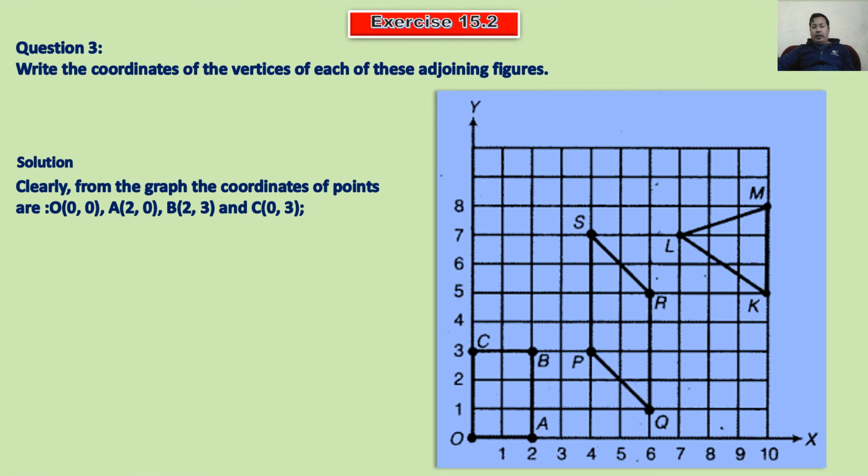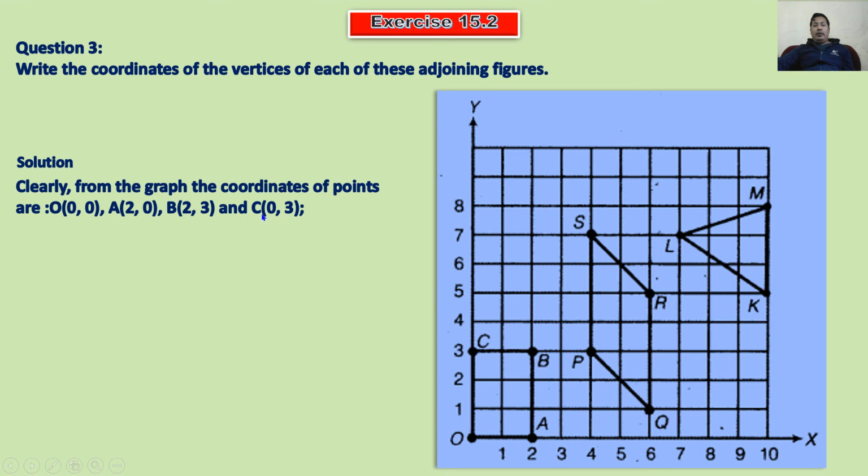And next, point A has the coordinate (2, 0), 2 as the value of x and 0 as the value of y. And point B has x as 2 and y as 3, that is (2, 3). And for C, you can see that the y value is 3 and the x value is 0. That's why the coordinate of C will be (0, 3) here.